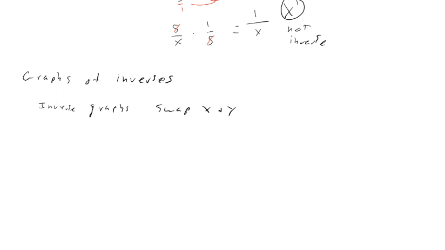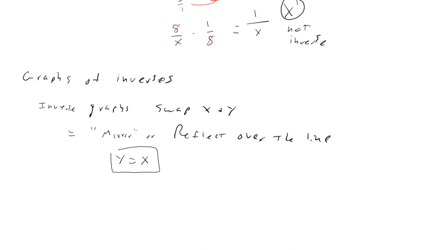So what this means is that they mirror, or reflect, over the line y equals x. Inverse graphs have a kind of mirror, right?